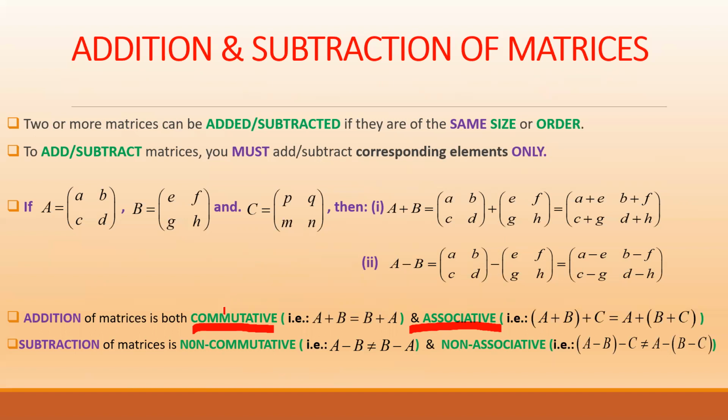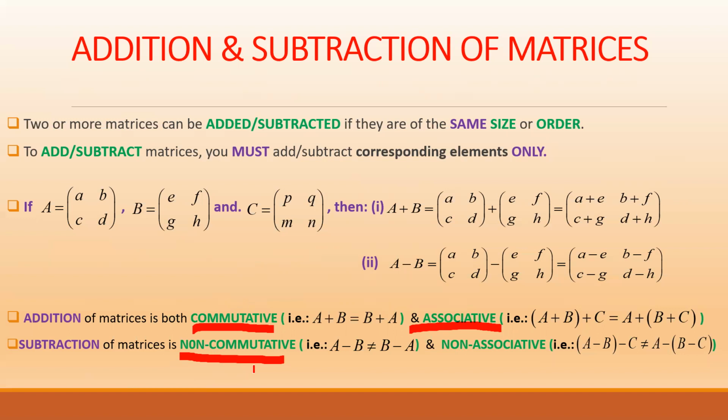And of course, if an operation is not commutative, then it would be non-commutative. So if an operation is not commutative, guys, the opposite would be non-commutative or not commutative, or non-commutativity.